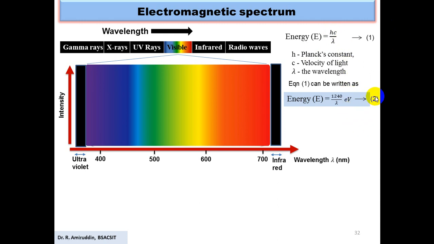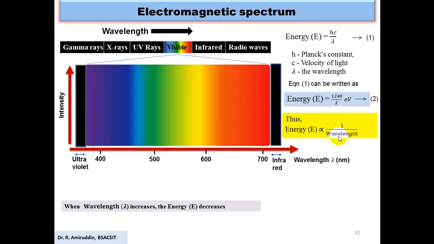Now if we plot the same spectra, the energy E and the wavelength are inversely proportional to each other. So when wavelength increases, the energy decreases.